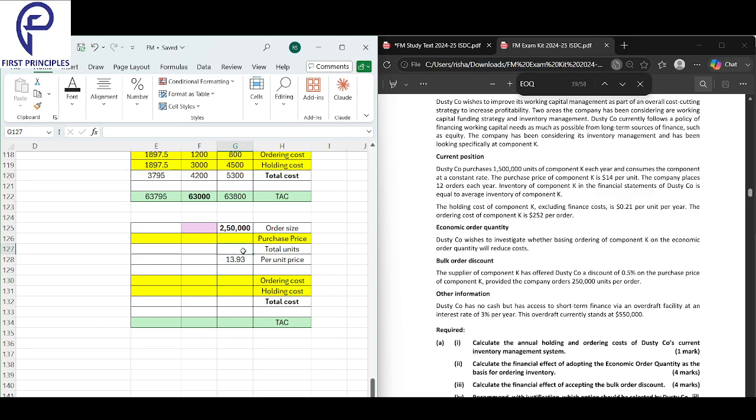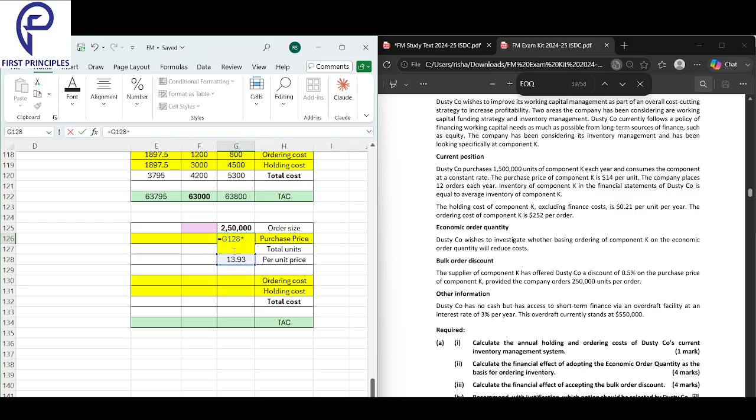What is our total annual demand that we need in a year? 1,500,000. 1,500,000 is our total units, and 13.93 is the per unit price. So we'll just find the total purchase price in this case.